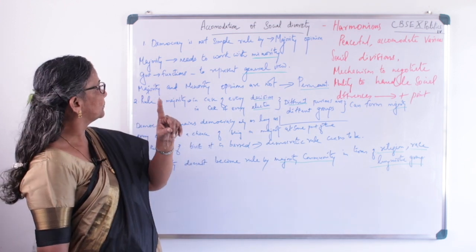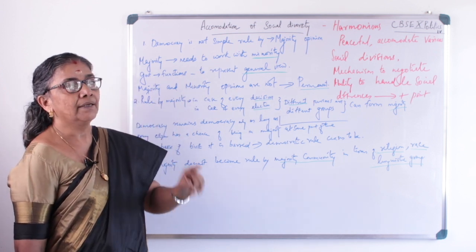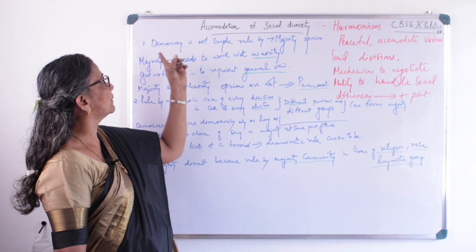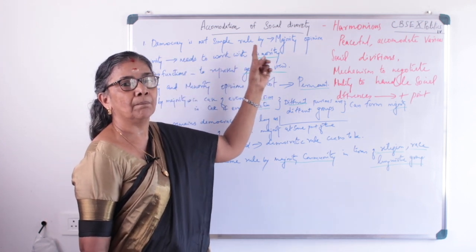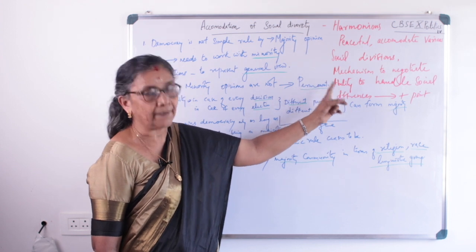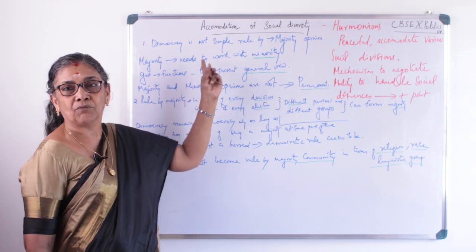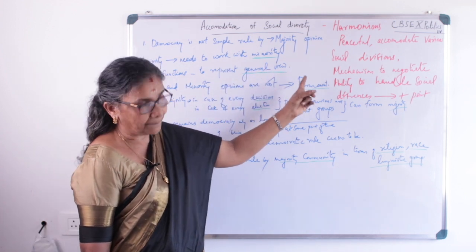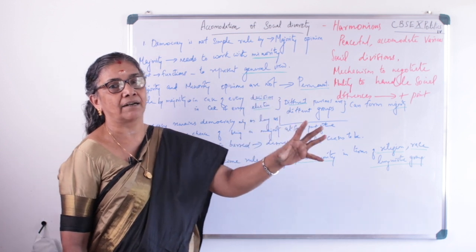So the first point: when a democratic government is formed, it should keep in mind that democracy is not a simple rule by majority opinion. The majority needs to work with the minority, and the government functions to represent the general view.